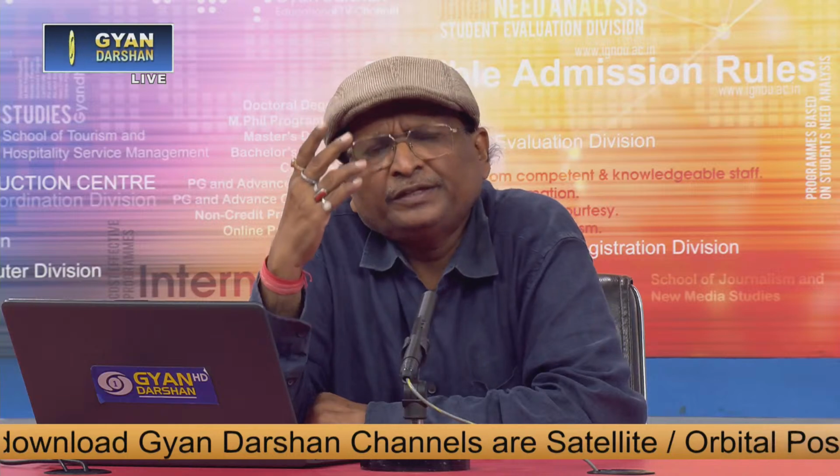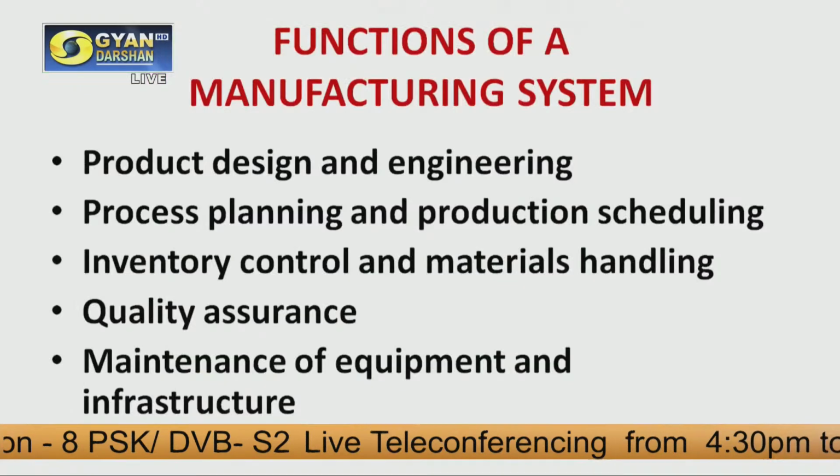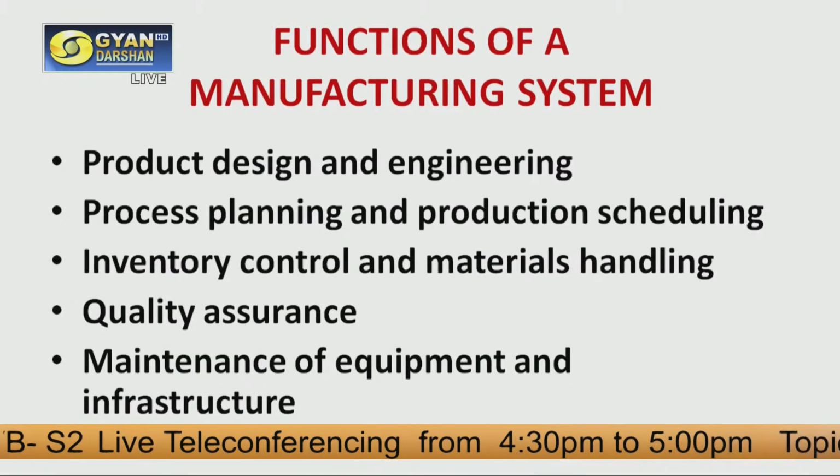If it is an assembly line, it is quite possible that you may have overhead cranes. In smaller setups, you have conveyor belts where bulky material is transported. Another type of material handling equipment is the automated guided vehicle, which can move from one place to another. The fourth important function is quality assurance.